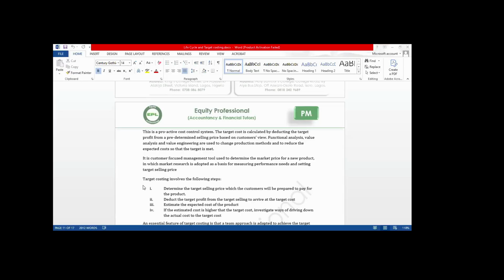Under this system, the target cost is calculated by deducting the target profit from a pre-established selling price based on customers' expectation.